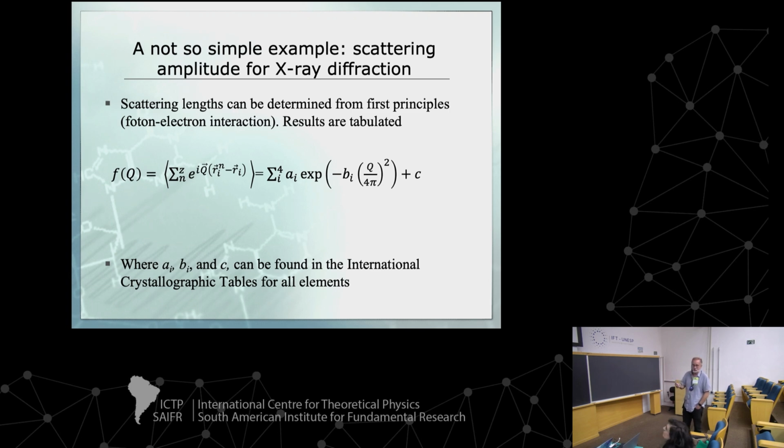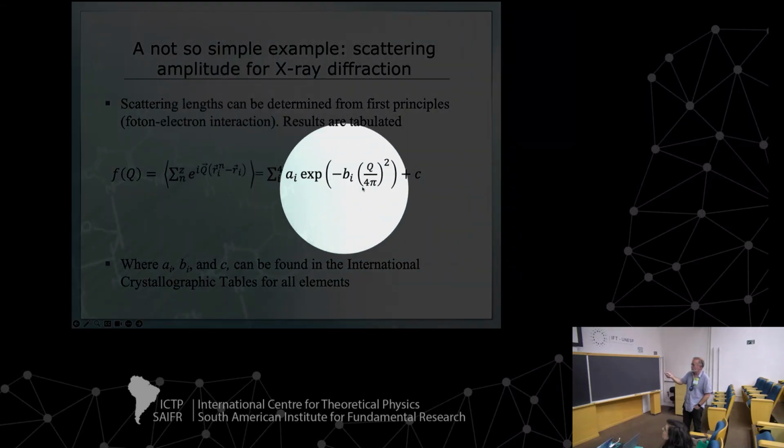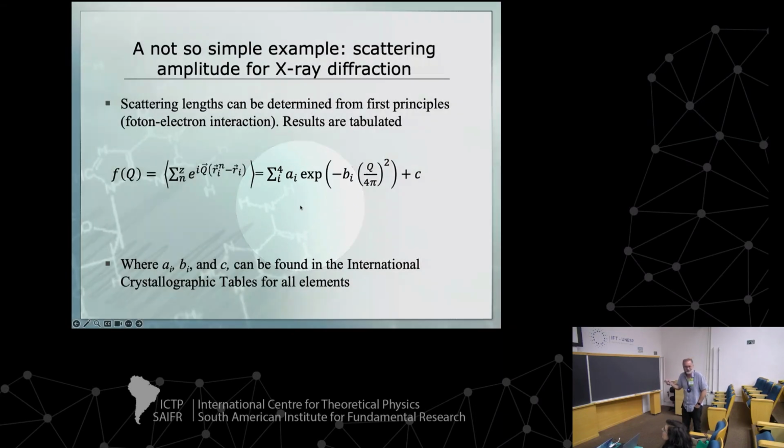So, well, this is a real pain, and you end up with this thing. The summation of 4 Gaussians. That solves the problem. The function is relatively simple, and you go to the tables, the international crystallographic tables, and you have the values for AI, BI, and C for all the elements, right? And we will see later on in the hands-on session one particular case for carbon and for other materials, how you can actually use them.